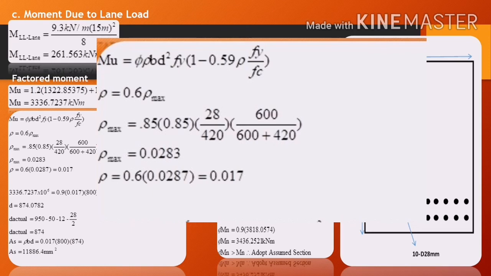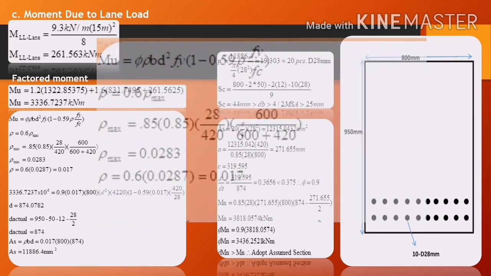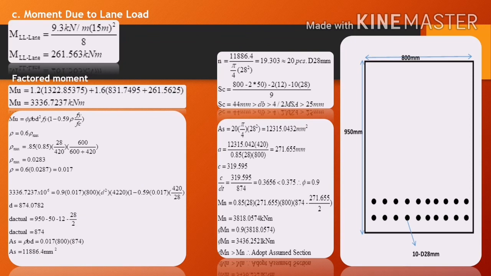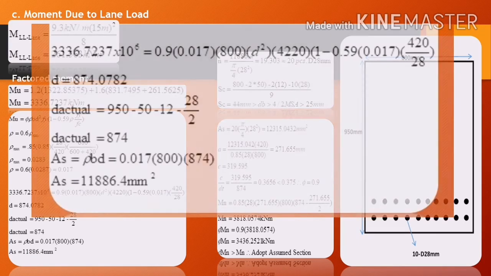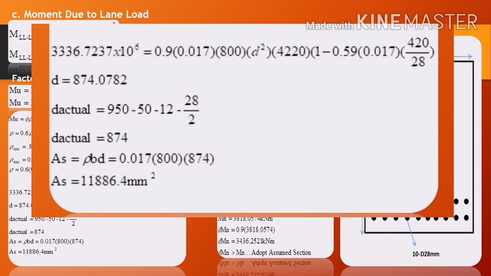Now we can solve for the rho, which is equal to 0.017. After solving the rho, we can now solve for the depth, which is equal to 874.0782 millimeters. The actual d is equal to 950 minus 50 minus 12 minus 28 over 2, which is equal to 874 millimeters.